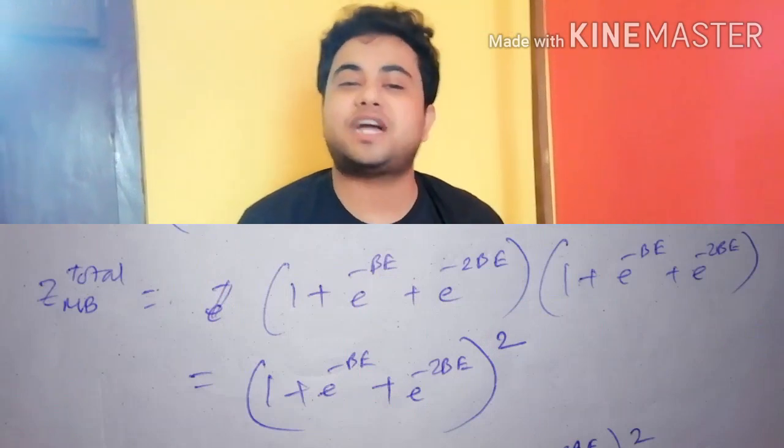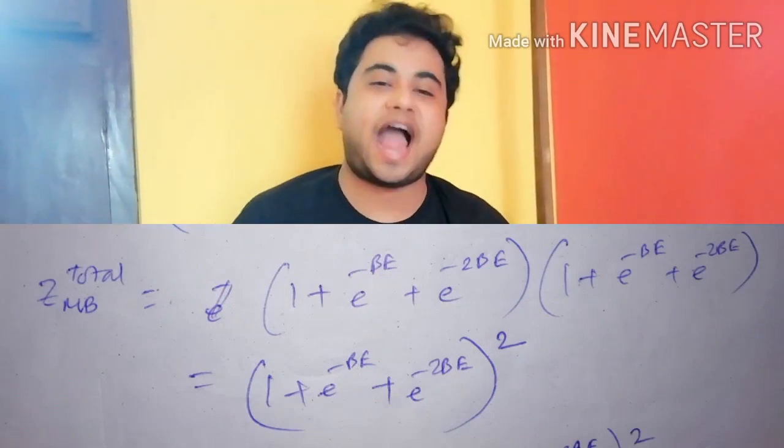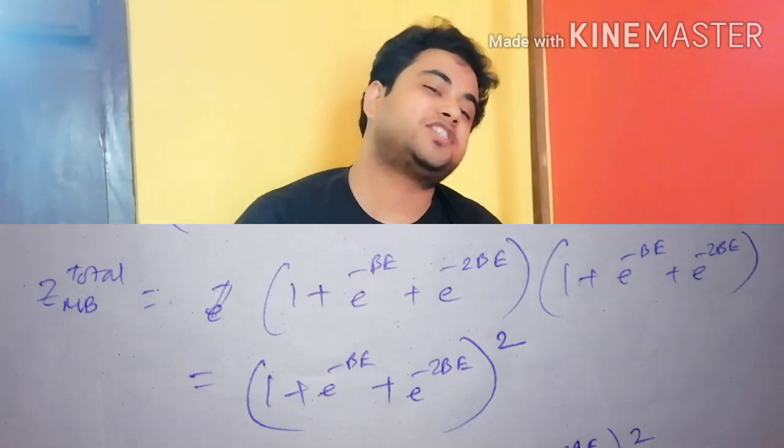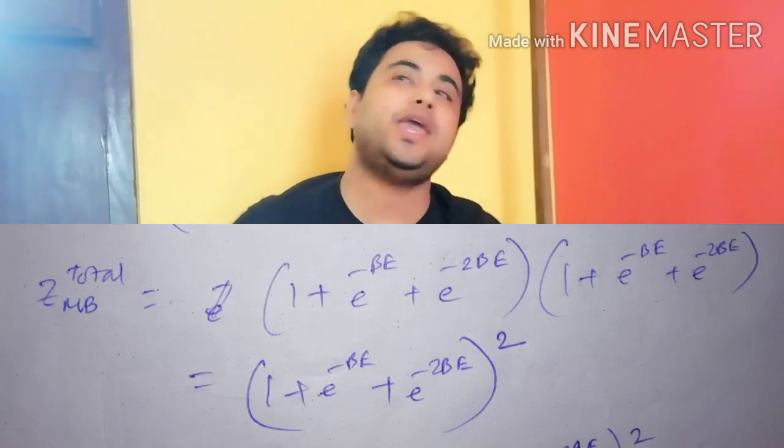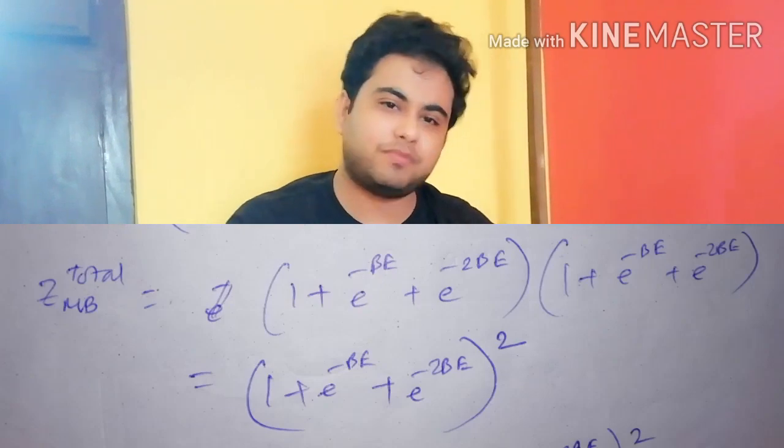So the total partition function Z is Z1 into Z2, that is (1 plus e to the power minus beta E plus e to the power minus beta 2E) whole square. That will be the case for classically distinguishable particles.